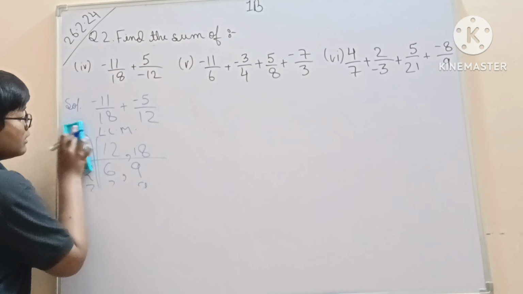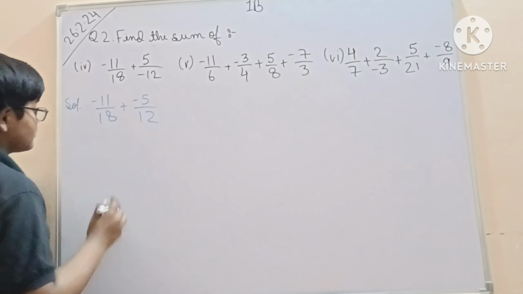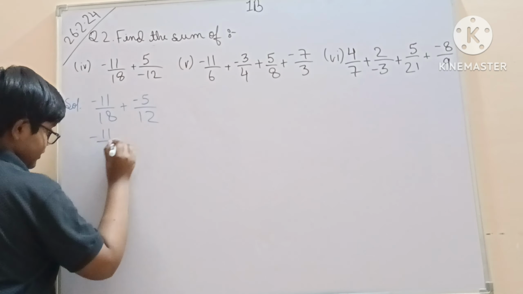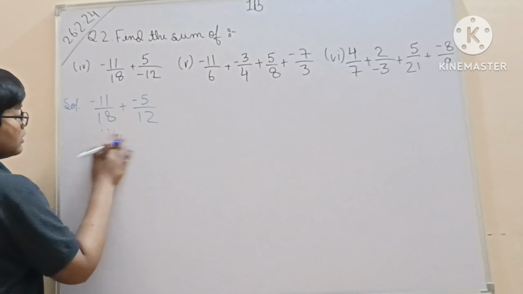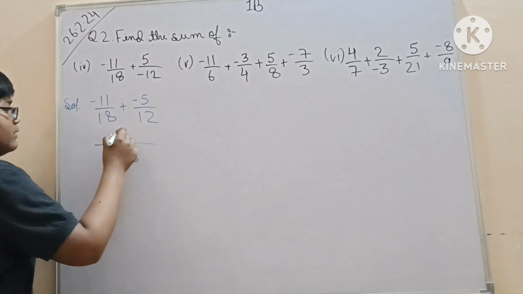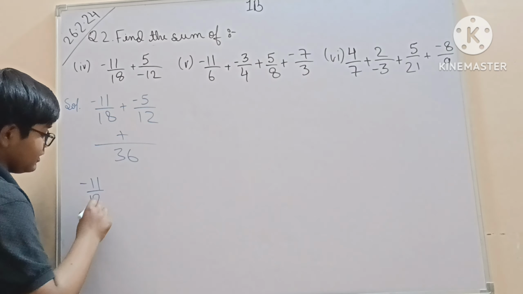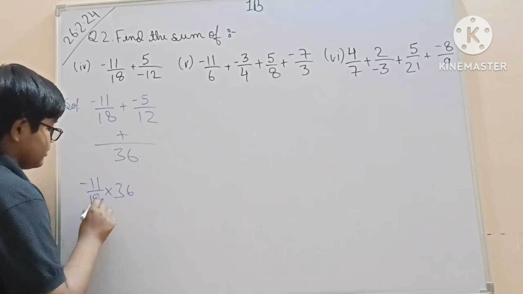Now we will find the addition. Minus 11 divided by 18. As 36 is the LCM, we will write 36 here, and the values which we have to put here we will determine by this method. 11 divided by 18 multiplied by 36.